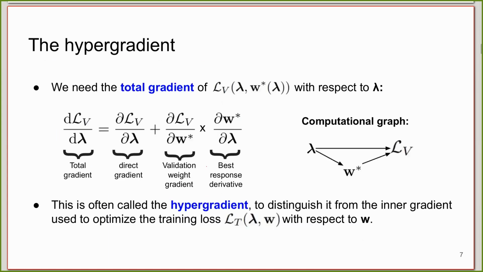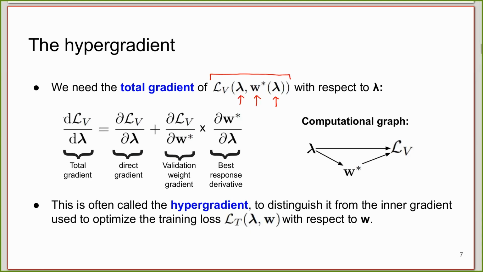Good. So what is the hypergradient? We're interested in the total gradient of the validation loss when we evaluate it on the optimal weights W star that we obtained by tuning them on the training set. And the optimal weights are going to depend on lambda, obviously, and there is a possibility that the validation loss also depends on lambda.